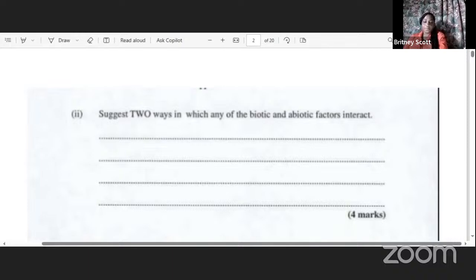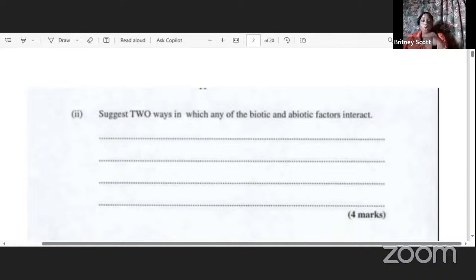One more. The mud provides nutrients for the plant. Very good. So those are the two ways in which the abiotic factors and the biotic factors within the small area interact with each other.